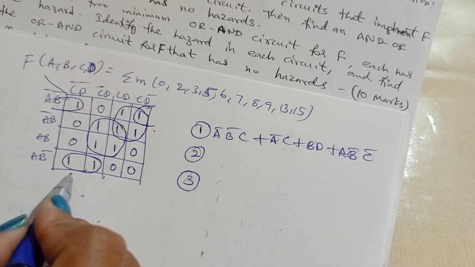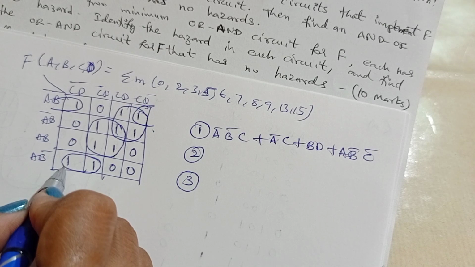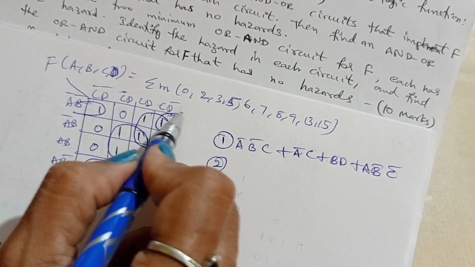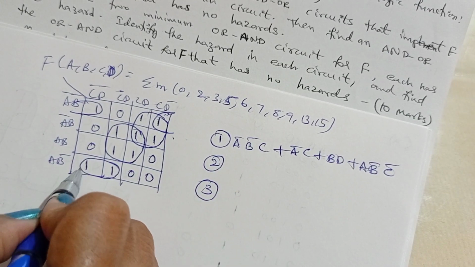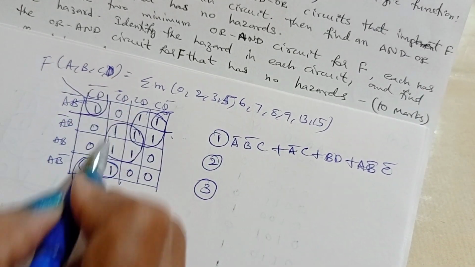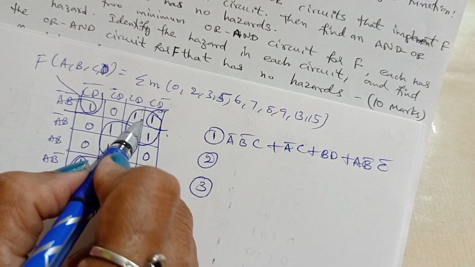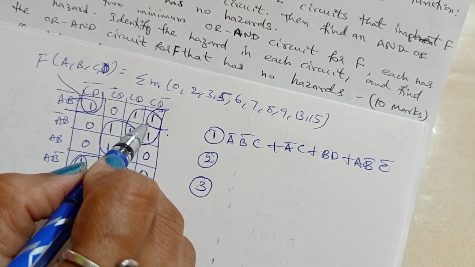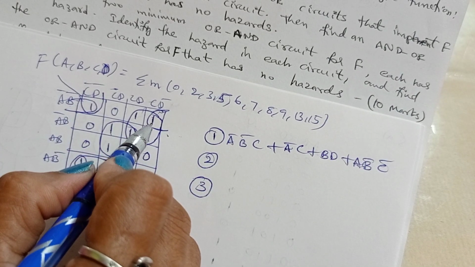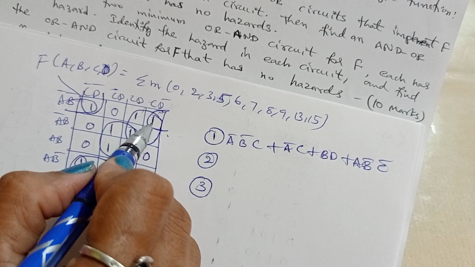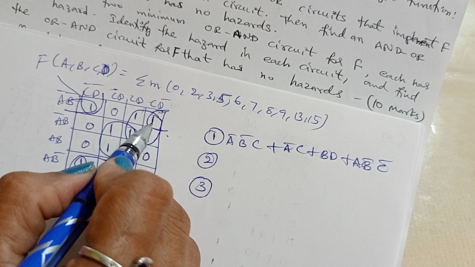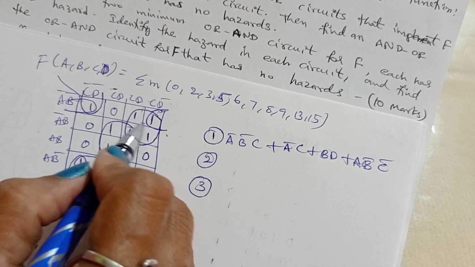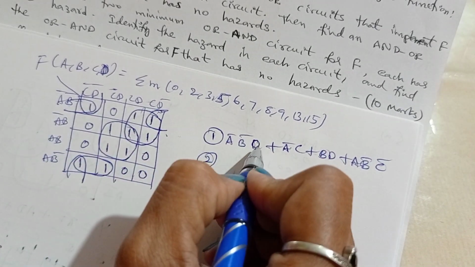Same as, suppose instead of pairing these two corners, if we pair these two corners, we'll get only one term different. That is A bar, B bar, D bar.